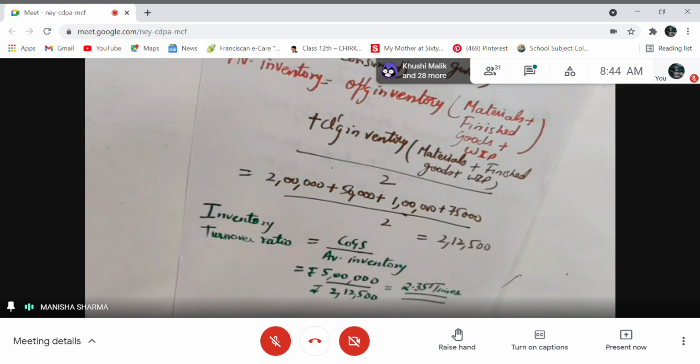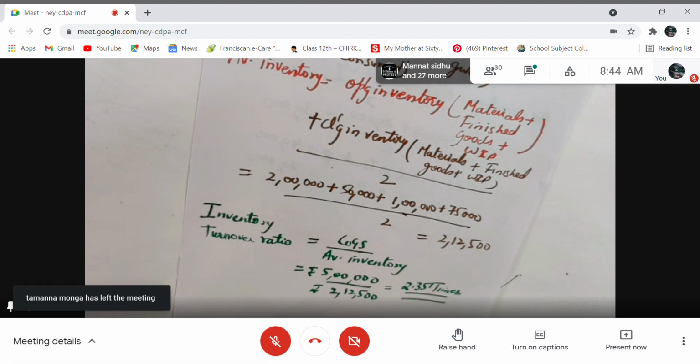In this case, the opening and closing inventory of both cost of material consumed and change in inventory of finished goods and work in progress is given. So we have now 4 items: 2 related to opening inventory, of materials and of finished goods and work in progress. Opening inventory of material consumed is 2 lakh, work in progress is 50,000.